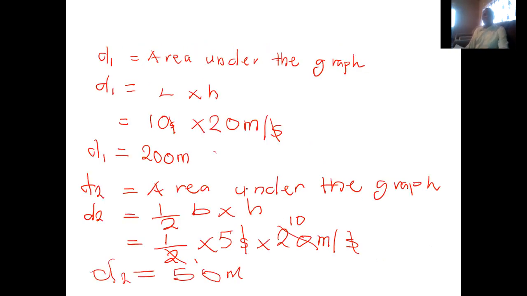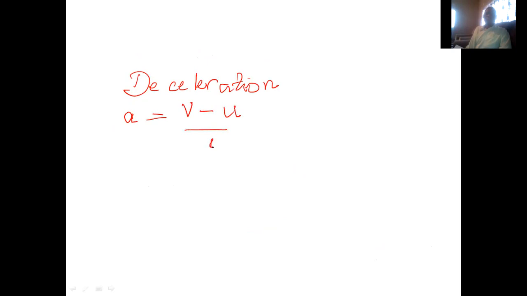So we can calculate the deceleration, which is acceleration equal to final velocity minus initial velocity over time.